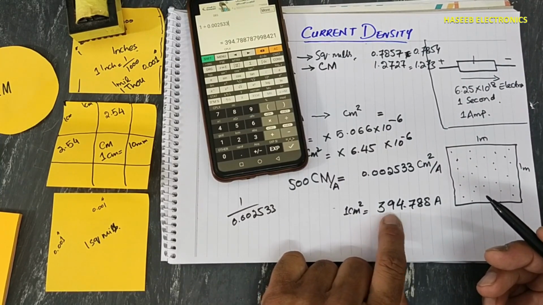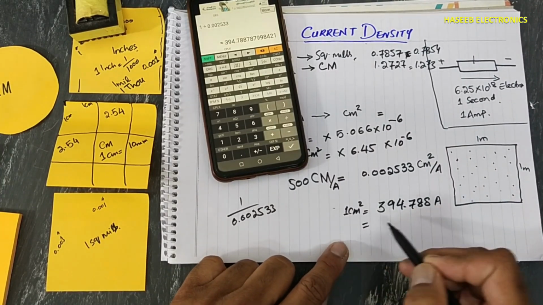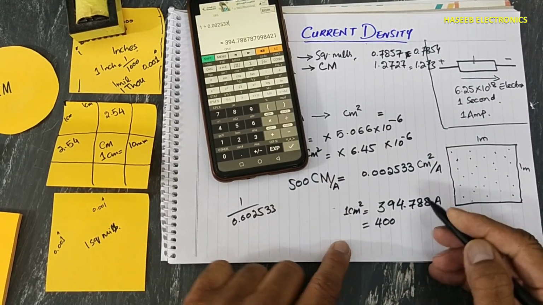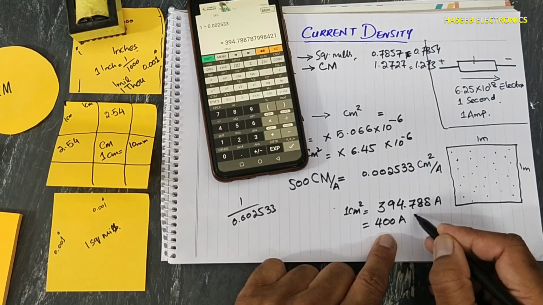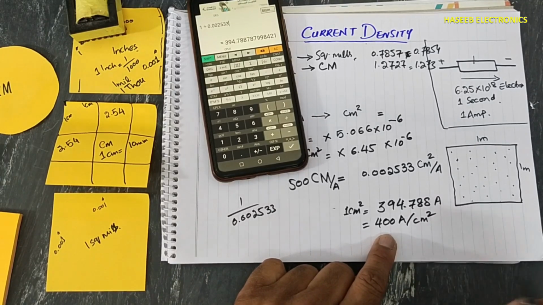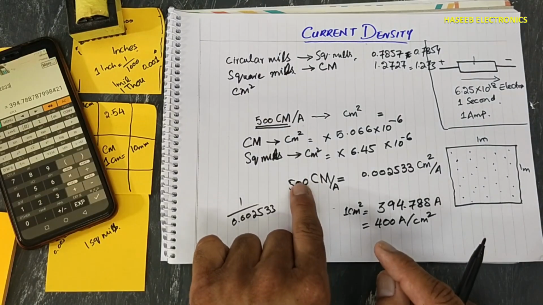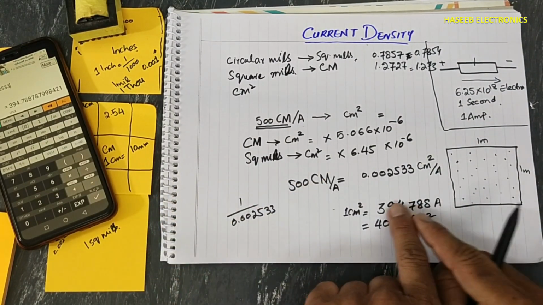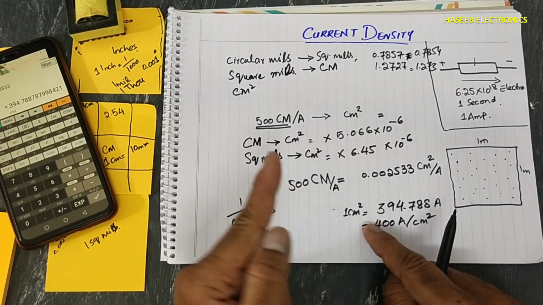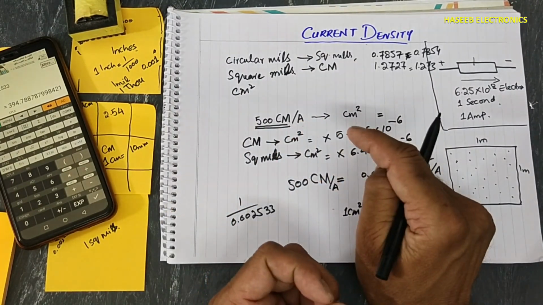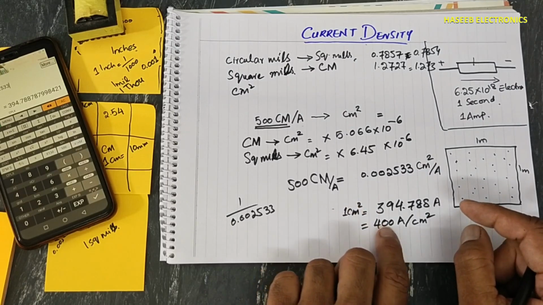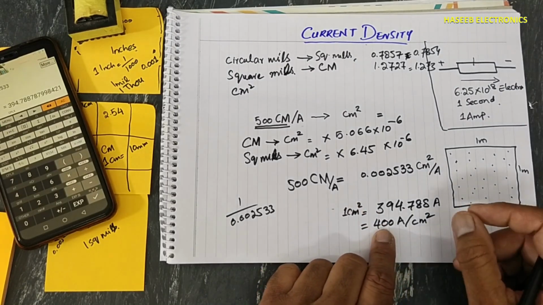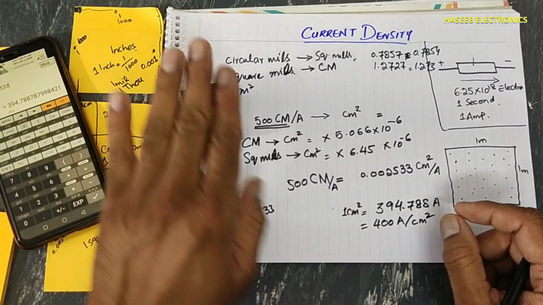It becomes 394, and normally it is called 400 ampere per centimeter square. This smaller area is allocated for 1 ampere, and in this area of 1 centimeter length and 1 centimeter width, it can handle up to 400 ampere in this transformer.